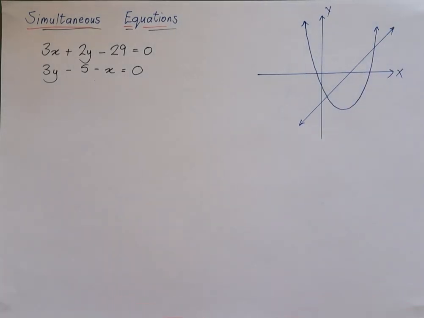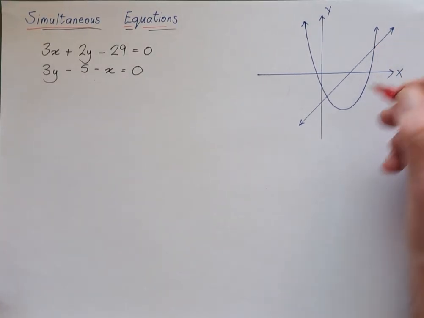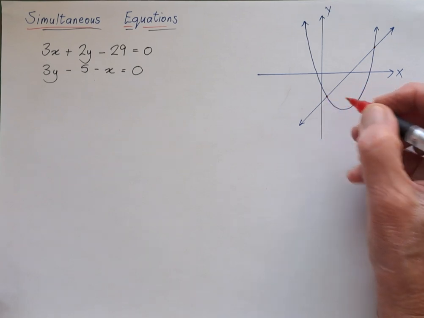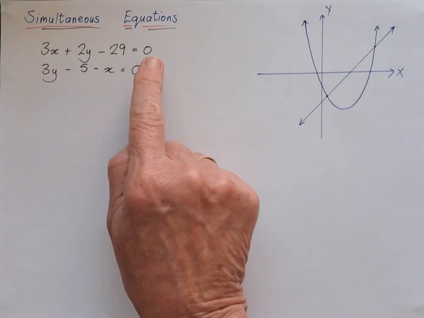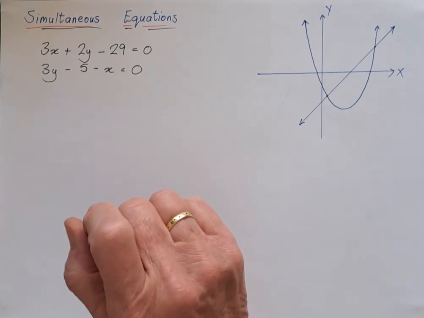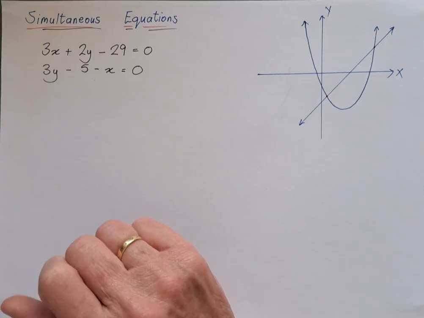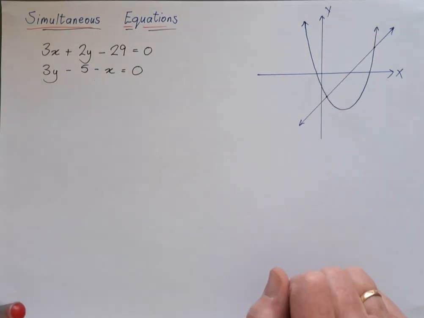Because of the shape of the parabola, the straight line graph and the parabola intersect there and also there. So we would get 2 points of intersection, and we would be dealing with a linear equation and a quadratic equation at the same time, which would mean that we couldn't actually use the elimination method. But we're not at that situation yet.